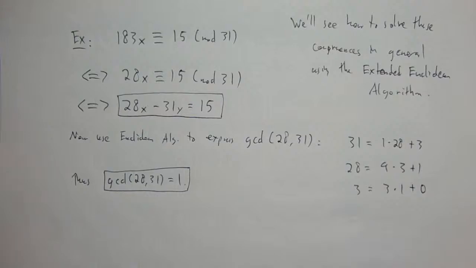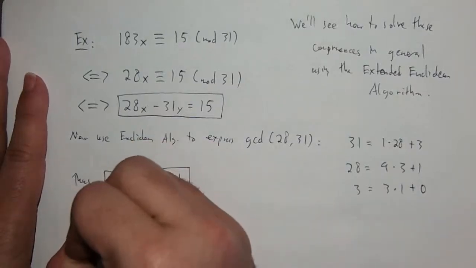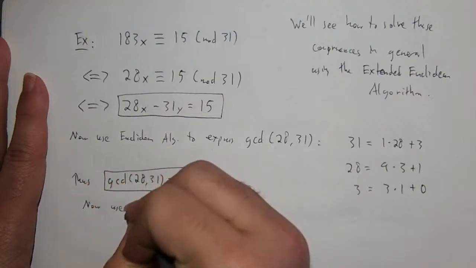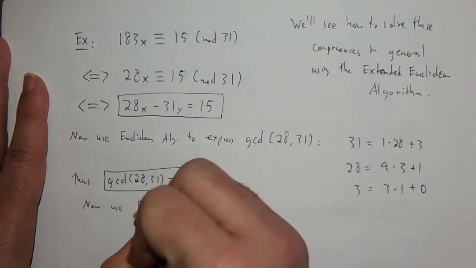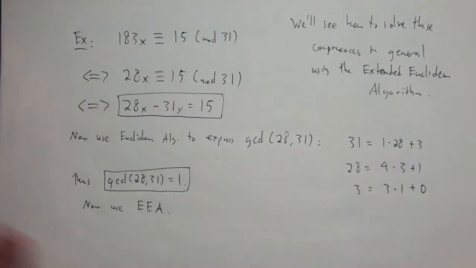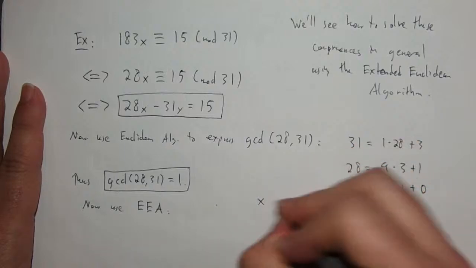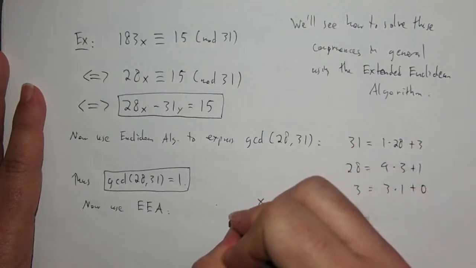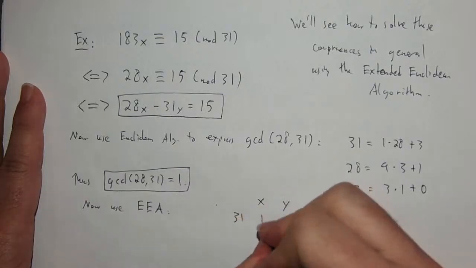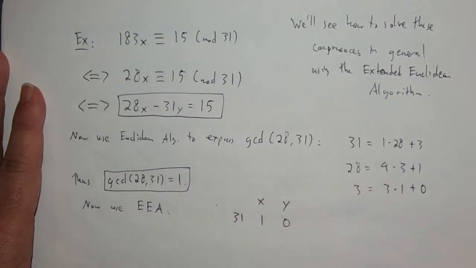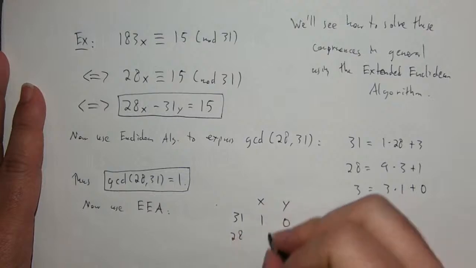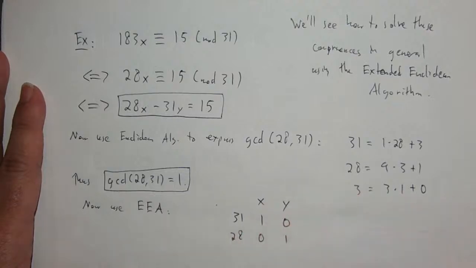So now use the extended Euclidean algorithm. Let's write my table. I have x, y. The first entry in the table is 31, which has an x of 1 and y of 0. 28 is the next entry in the table, which has an x of 0, y of 1.